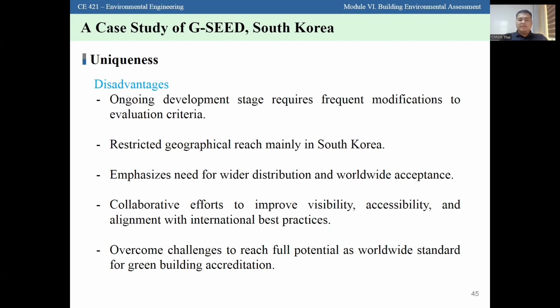They must emphasize the need for wider distribution and worldwide acceptance, with a collaborative effort to improve accessibility and alignment with international best practices, such as LEED or the green building certification systems around the world, to overcome challenges and reach full potential as a worldwide standard for green building certification systems.